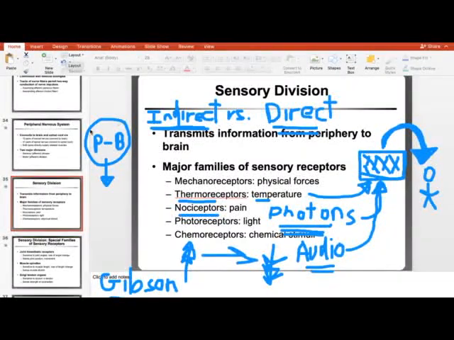The perception of you when I look at you happens without this black box. All right. Typically, when you see stuff like this, mechanical receptors, physical forces, goes in, transmits information. Is this in Spanish? Is this information in photons? Is it in audio? How does the brain translate all this information?